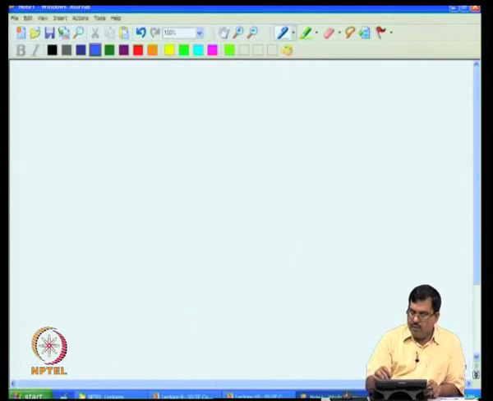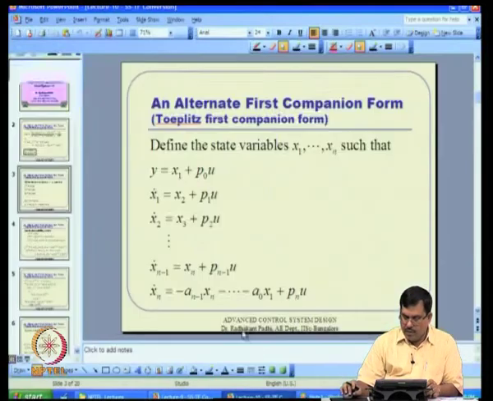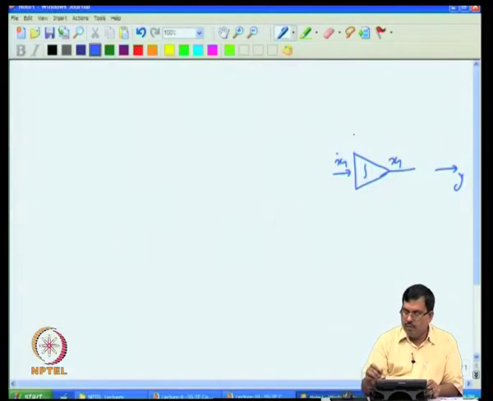I will start with an integrator which will take x1 dot and give me x1. That is the form that I am looking for, and then there is y, which is nothing but x1 plus p0 u. So, x1 is already available, and I have to get a p0 u somewhere.